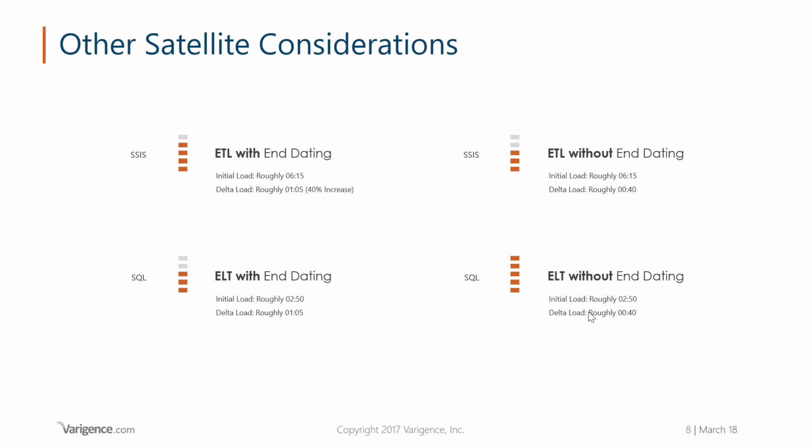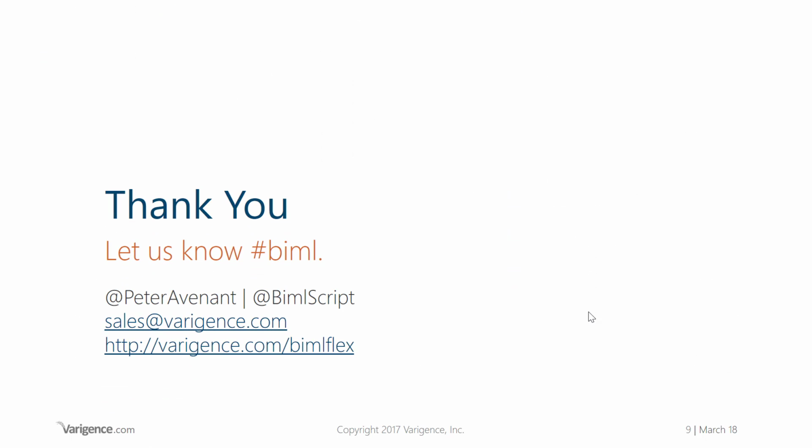So what you need to take into consideration is that you can split your ETL, your data integration and data automation, up into having some of your packages run on SSIS and some of them running on SQL. The key thing with BimlFlex is that the way that you configure your metadata is the same, and then you just choose your build option.